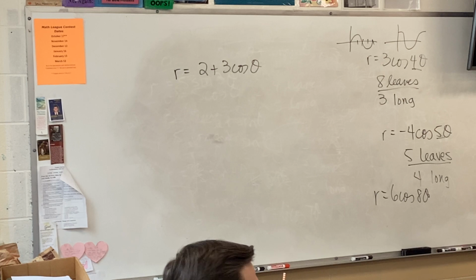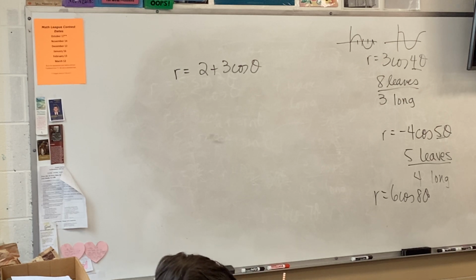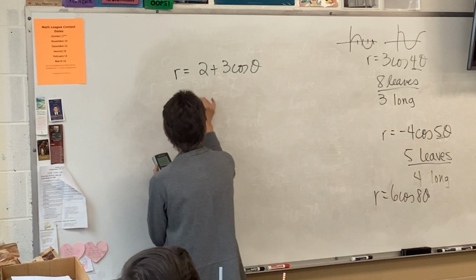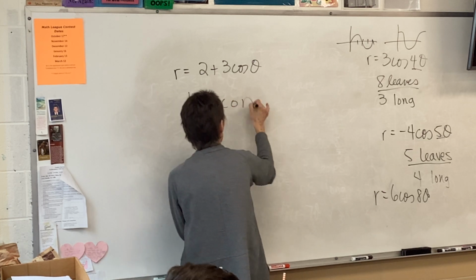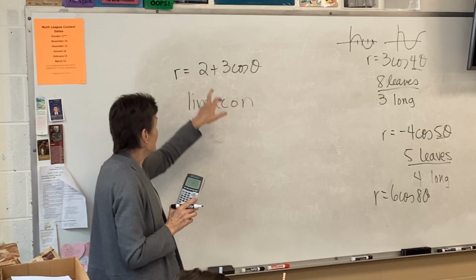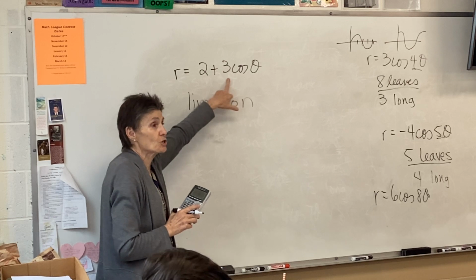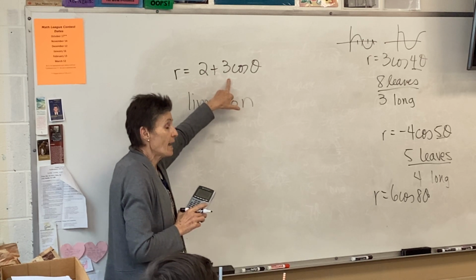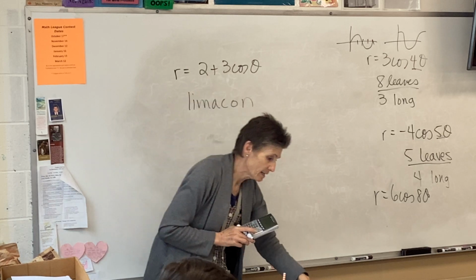Some kids call it a Pac-Man. Well, I don't care what you call it. It's called a limaçon. In Mathland, this is called a limaçon. Now, the relationship of these two numbers is important as to what happens in the picture.